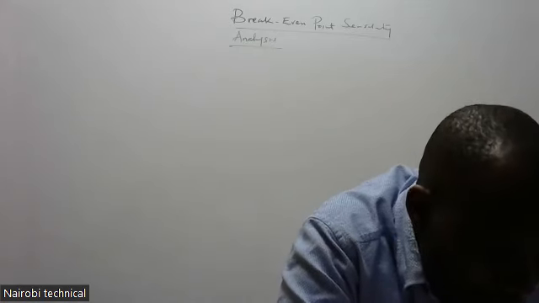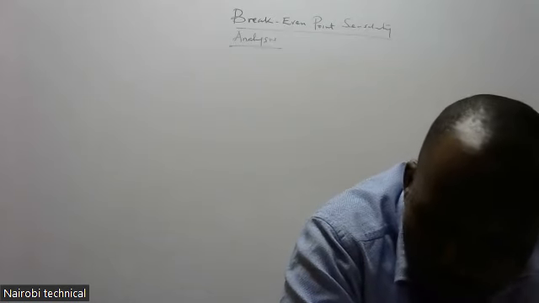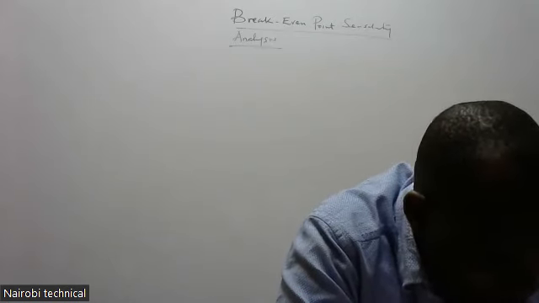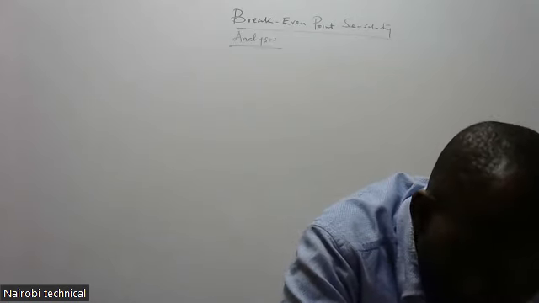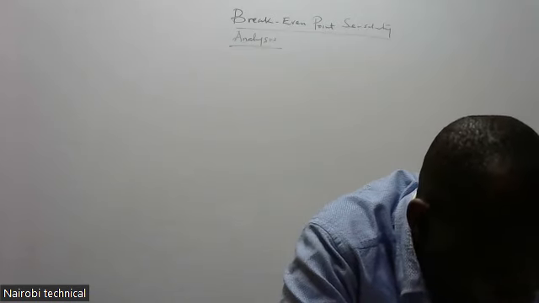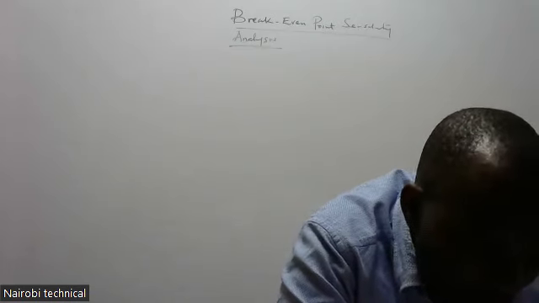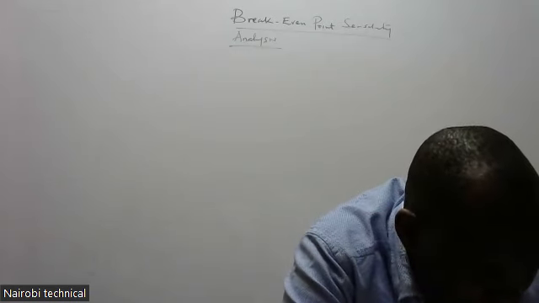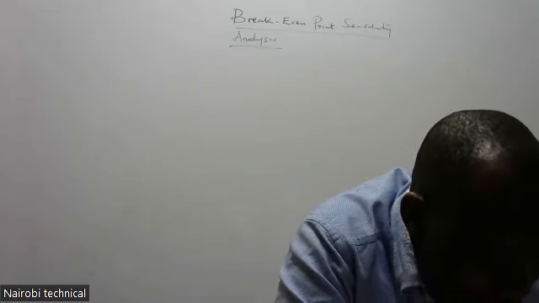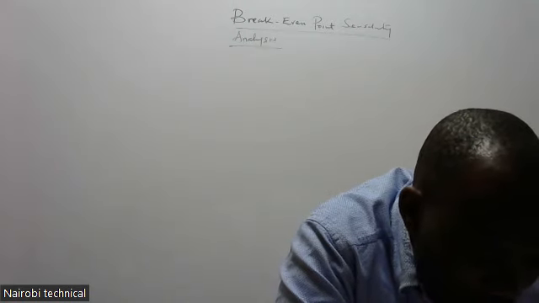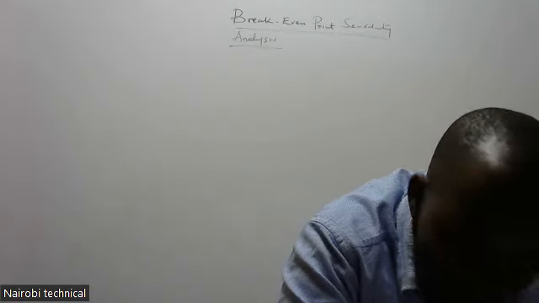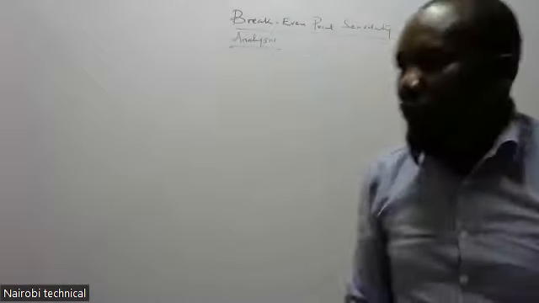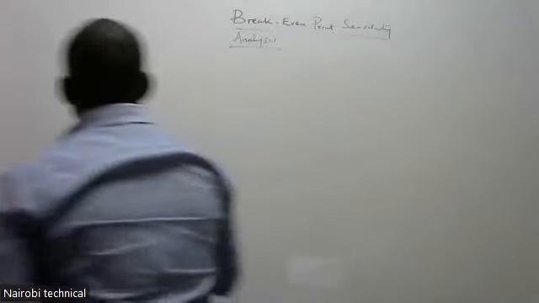Let's take an example. You can call it illustration 1. ABC Limited wants to buy an equipment costing 500,000.